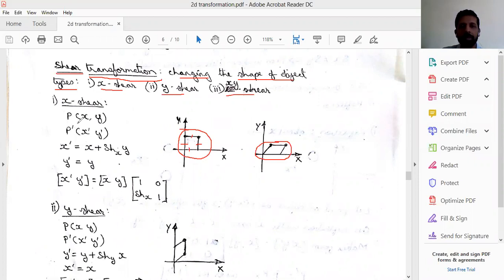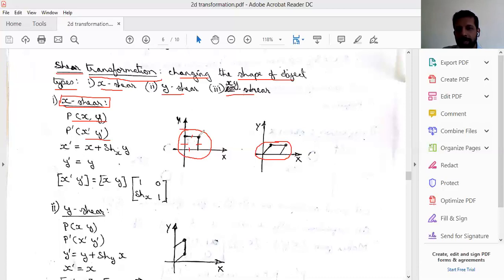So let us take up, as usual, the initial value of the coordinate, P is x comma y, and after the shearing operation it is going to be x dash comma y dash. So we are going to shear it along x only. That means changes should happen only in the x values, but not in the y values. Okay, right? So x dash. What is going to happen?